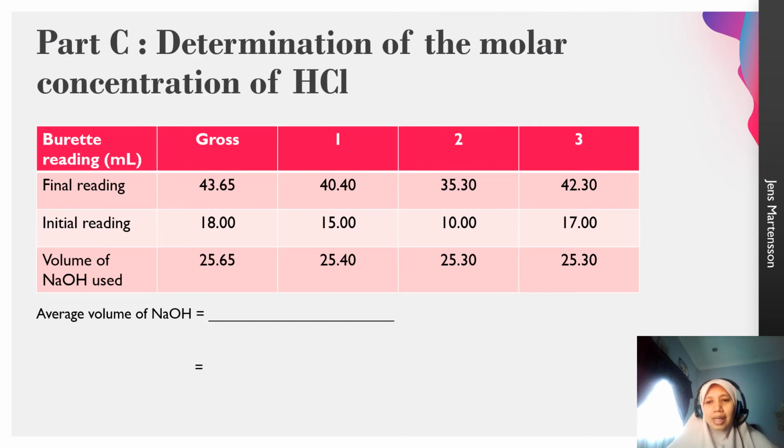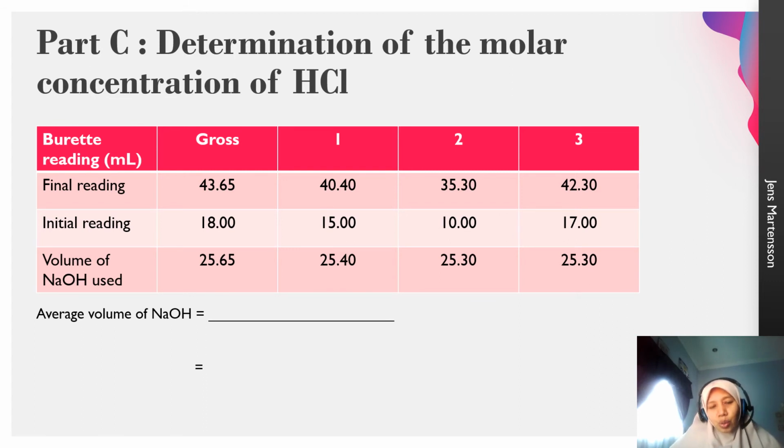Similarly, for part C, knowing the concentration of NaOH, the exact concentration I mean, then you can now determine the concentration of HCl. This is from your part C, in which we titrate NaOH with HCl, vice versa.